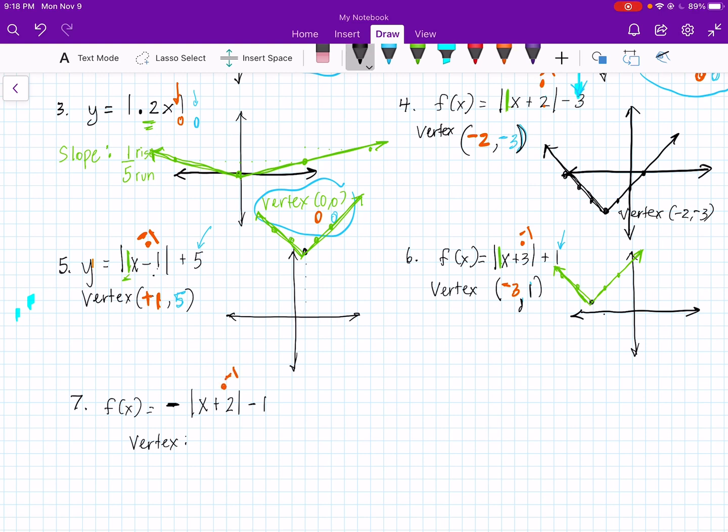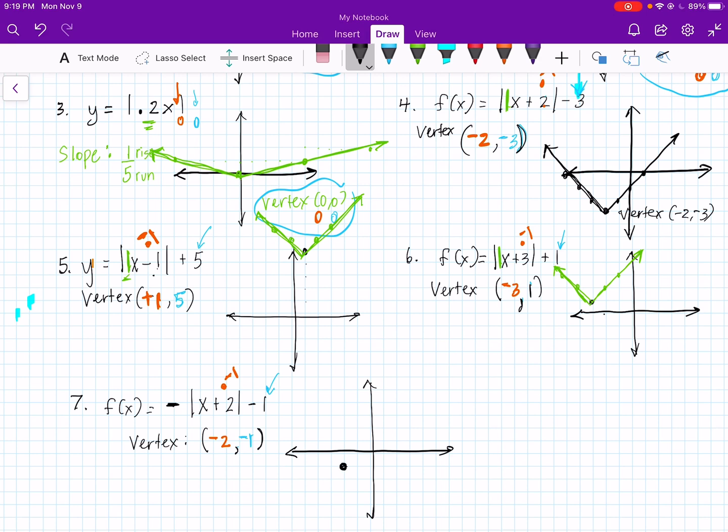So my vertex is going to be 2 times -1, which is -2. And then my b is just what's on the outside, and you take it because it's a positive b, so it would just be -1. So you take it for whatever it is, so you don't have to times it by anything. And so my vertex is going to be at -2, -1.